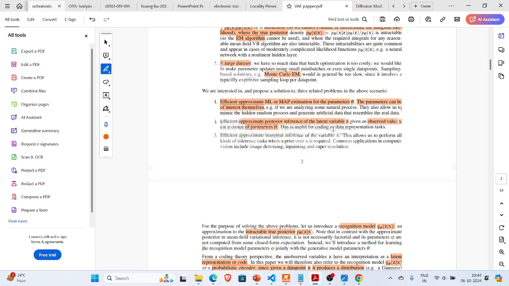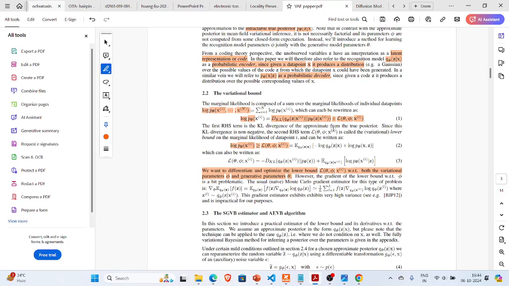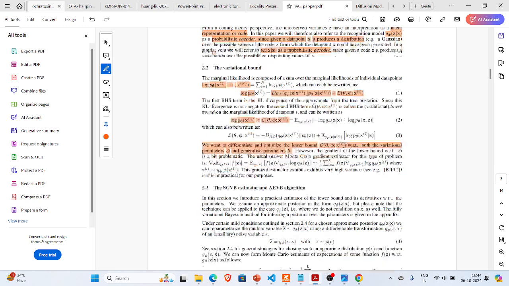So that is what we have done, and the gradient of this lower bound with respect to phi can be hard to calculate. So that is why we use the Monte Carlo gradient estimator.